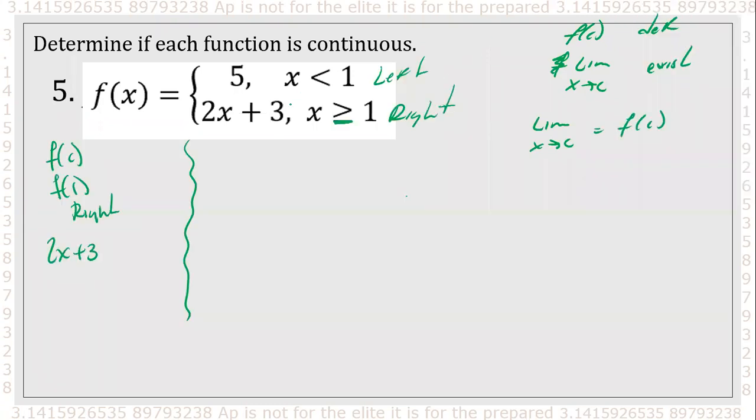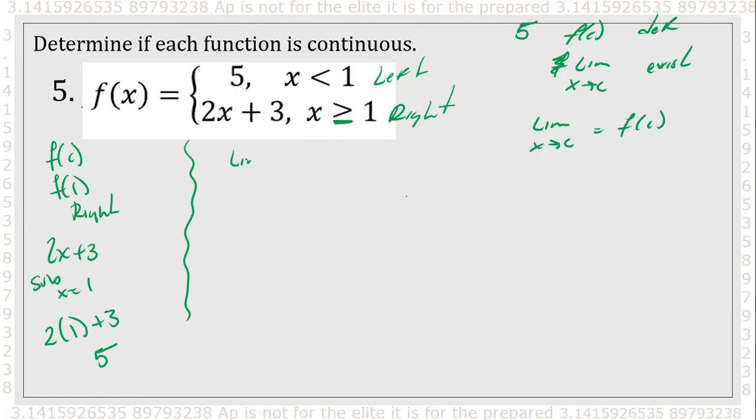Okay. So we were able to see that at 1, it's only defined by the right-hand side. So I wrote that here and substituted x equals 1. So it's now 2 times 1 plus 3. Quick math tells me that is 5 on the right-hand side. So f of c is defined. Yes, it is. It gave me a 5.